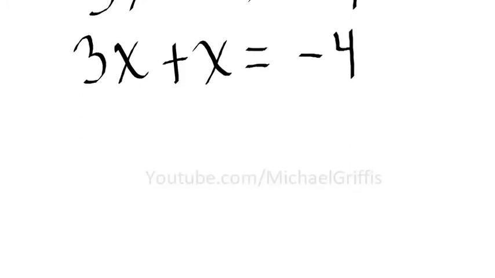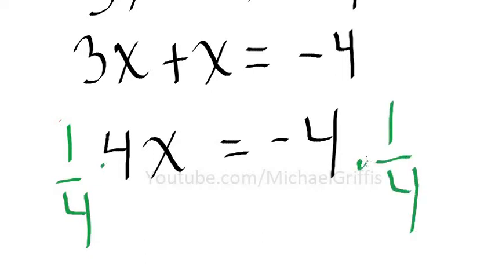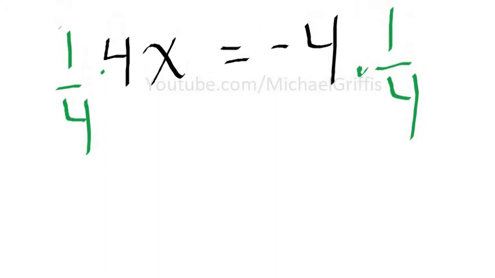Okay. And so we have 4x is equal to -4. Multiply both sides by 1/4. I should be using a different color. We'll use green again. I was going to use red, but I should use that for canceling things out.